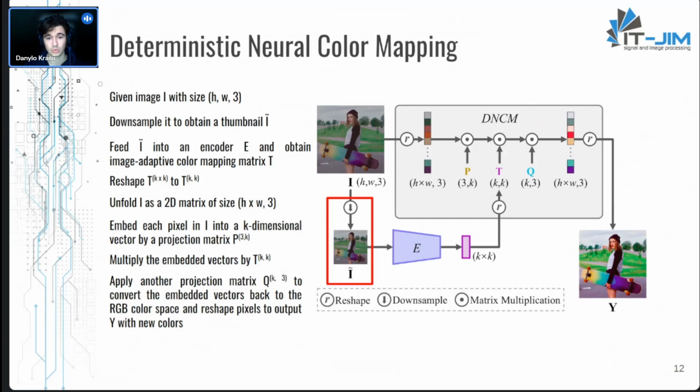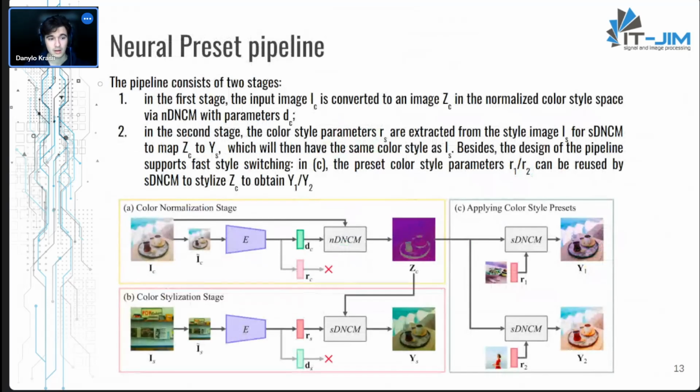We downsample it to a thumbnail I-hat, then feed it into encoder E and obtain an image-adaptive color mapping matrix T, and reshape this matrix to a two-dimensional matrix T of size K×K. In parallel, we unfold I as a 2D matrix of size HW×3, embed each pixel in I into a K-dimensional vector by a projection matrix P, multiply the embedded vectors by T, and finally apply another projection matrix Q to convert the embedded vectors back to RGB color space and reshape the pixels to output Y with new colors.